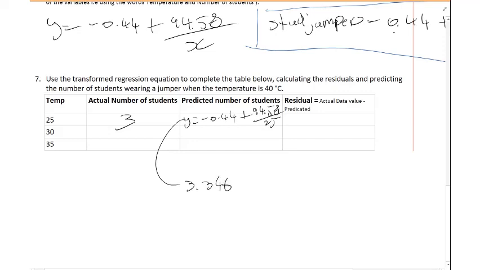I might be slightly wrong on that one, but it's going to be around that number.